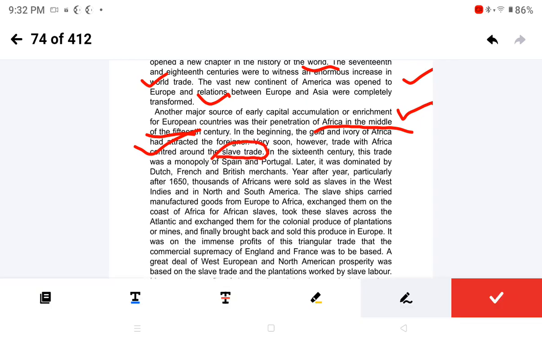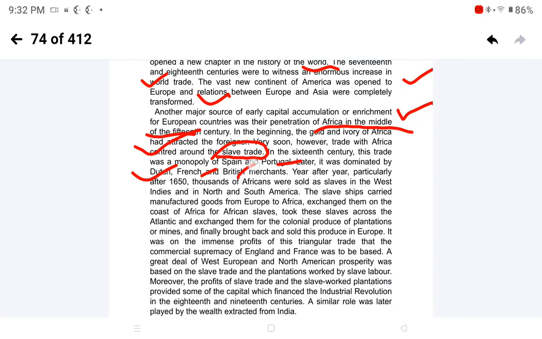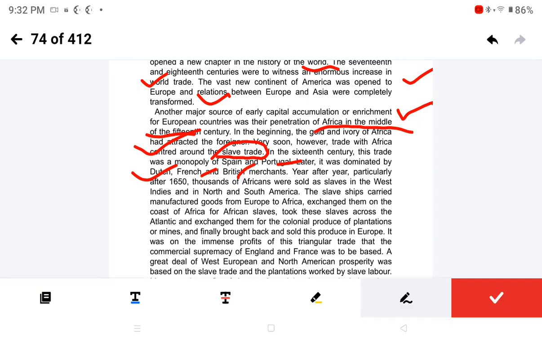In the 16th century, the trade was a monopoly of Spain and Portugal. Later, it was dominated by Dutch, French and British merchants. Year after year, particularly after 1650, thousands of Africans were sold as slaves in the West Indies and South America.